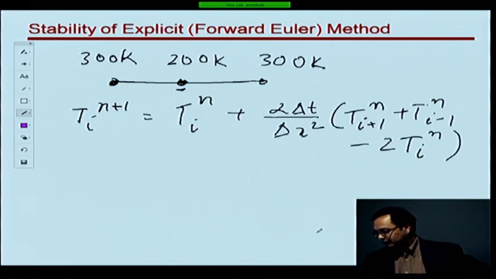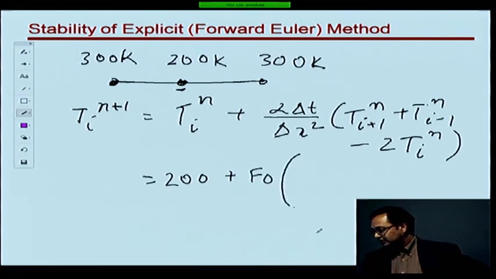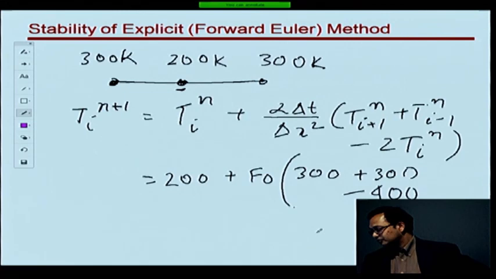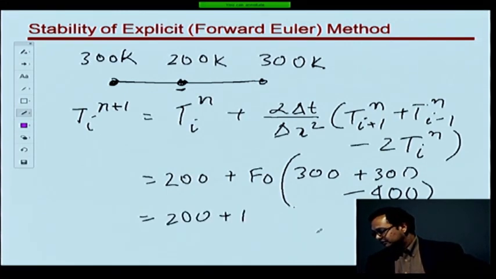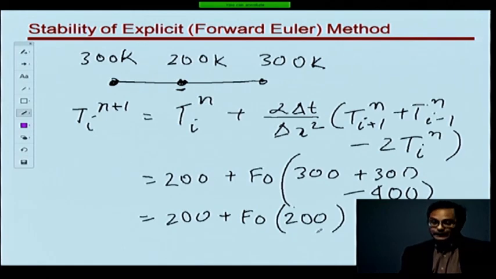T_i at n is 200, and I'll just write the coefficient as the Fourier number. And then here I have 300 plus 300 minus 2 times 200, which is 400. So I get 200 plus Fourier number times 200.